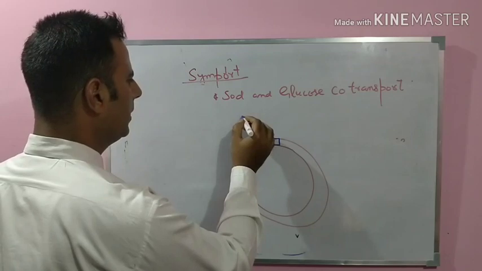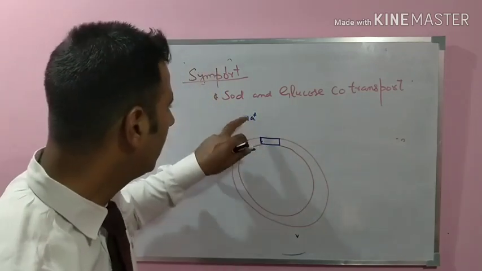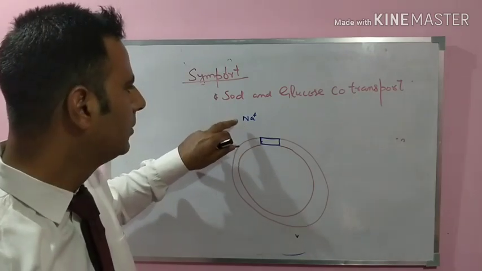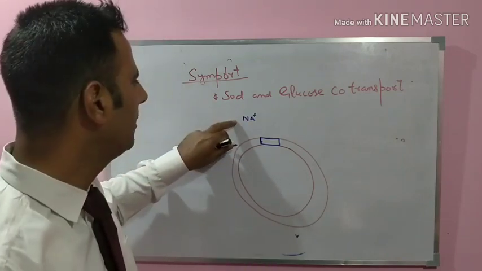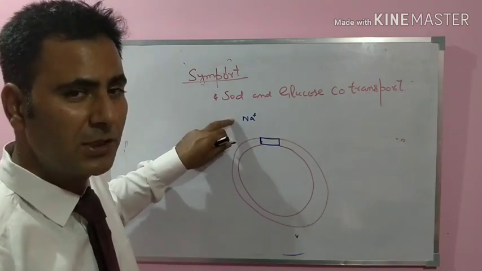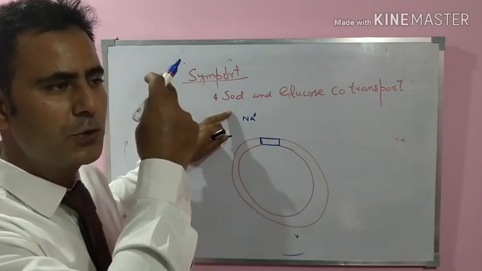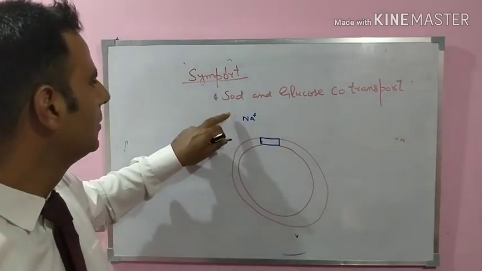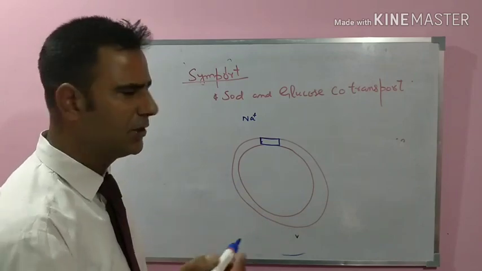We know the concentration of sodium will be higher outside because of the sodium-potassium pump, and sodium is the principal ion in the extracellular fluid. That's why I told you earlier, the sodium-potassium pump also helps in secondary active transport. Sodium concentration is high outside and low inside the cell.